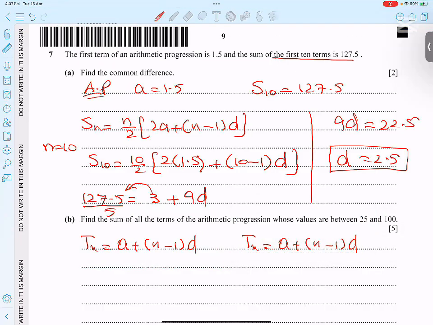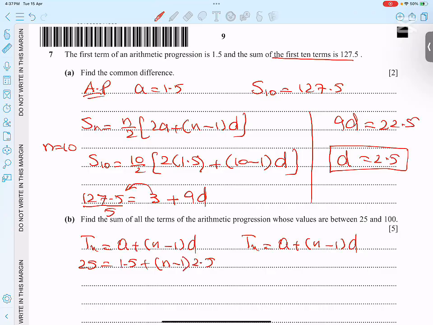Okay, so have a look here. First of all, this Tn value is 25. So I'm replacing it here with 25, the first term is 1.5, and n minus 1 into d, where the common difference is 2.5.